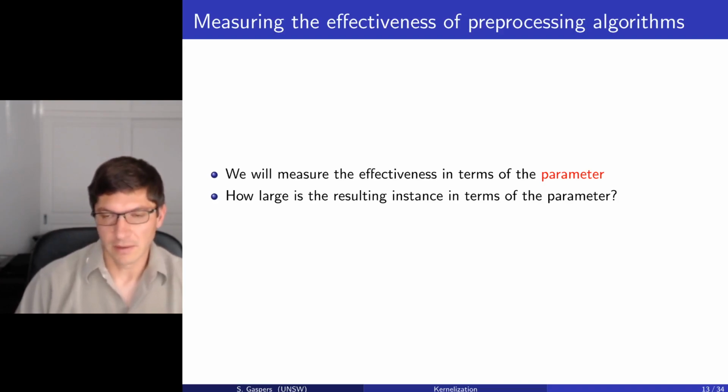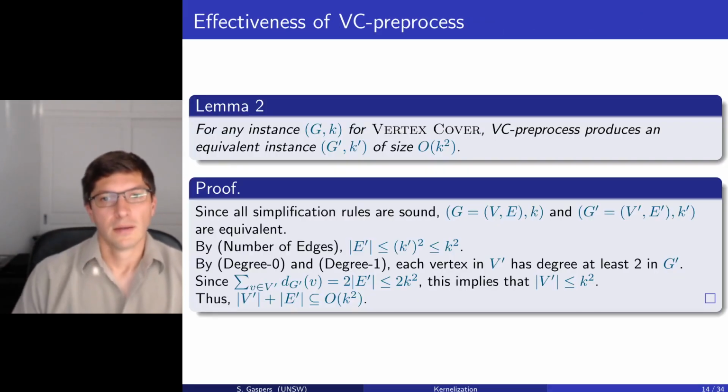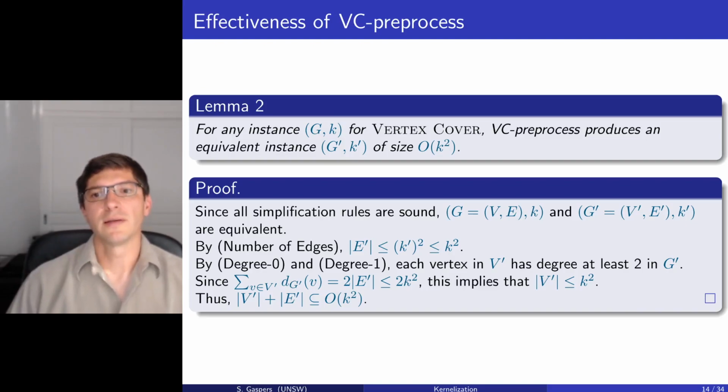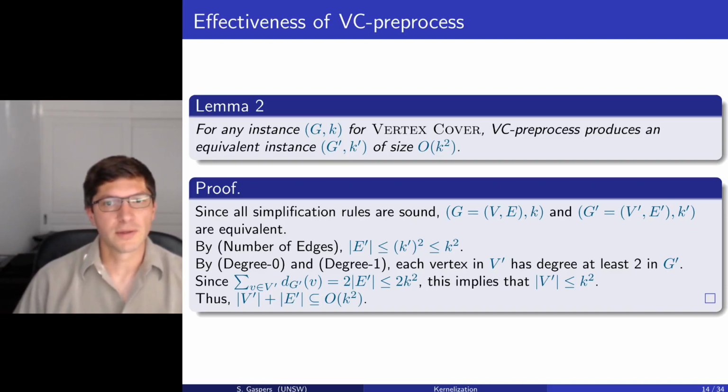So then we can say maybe a preprocessing algorithm that returns an instance of size order k squared is better than one that returns an instance of size order k cubed. Okay, so our VC preprocess algorithm turns out to produce equivalent instances of size order k squared.